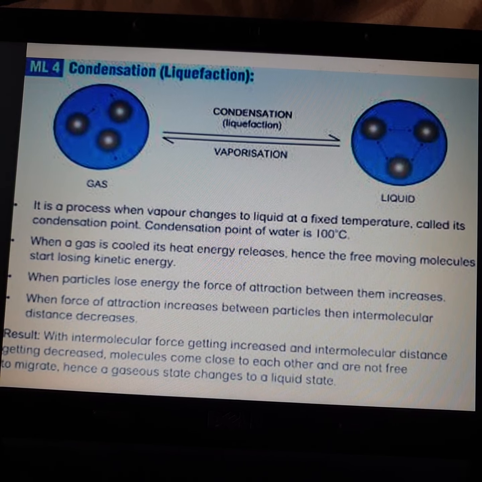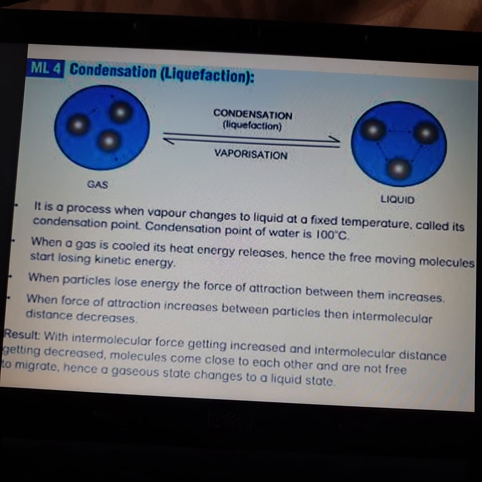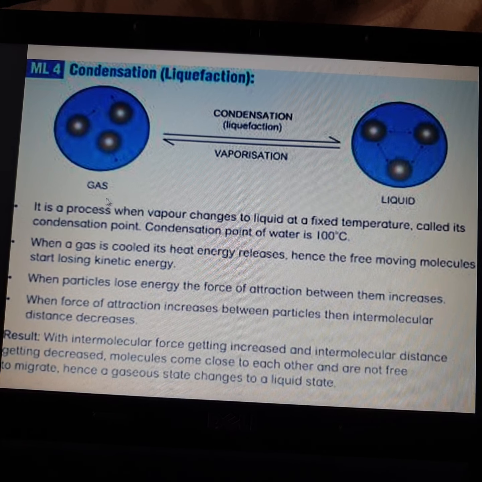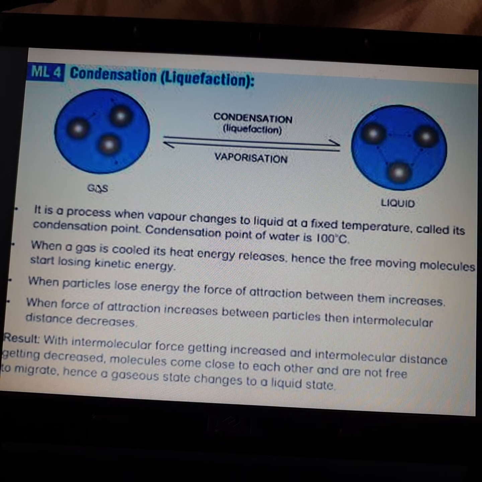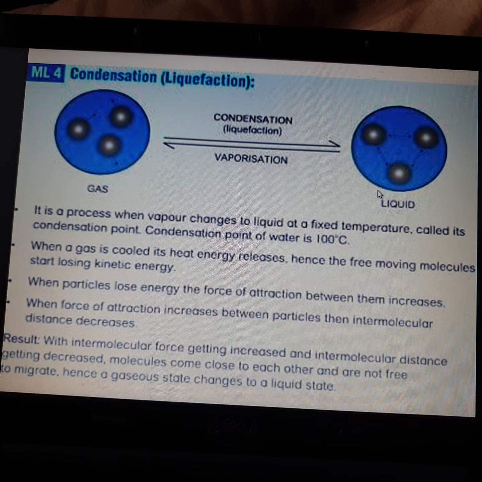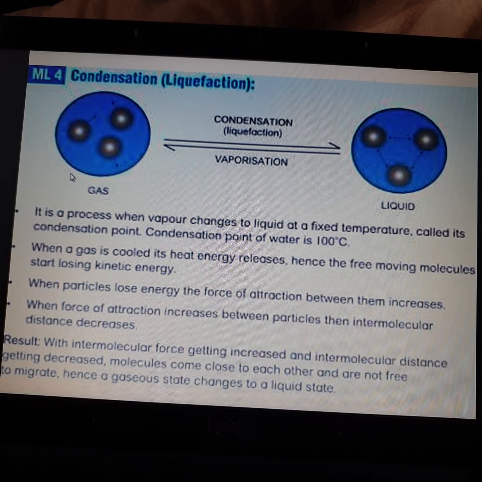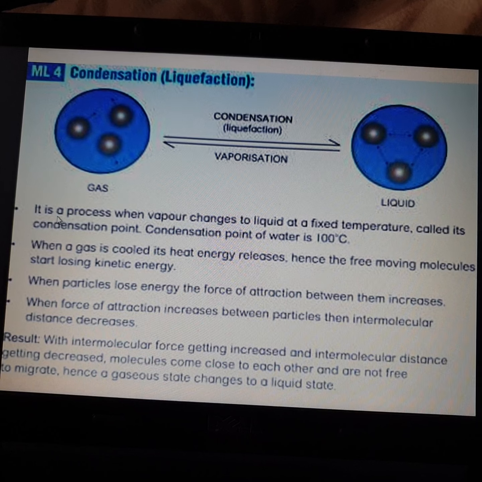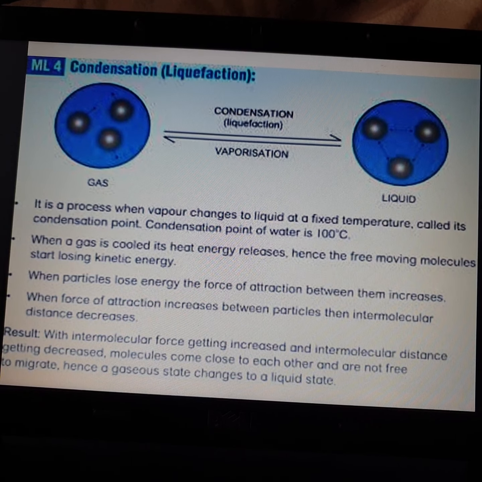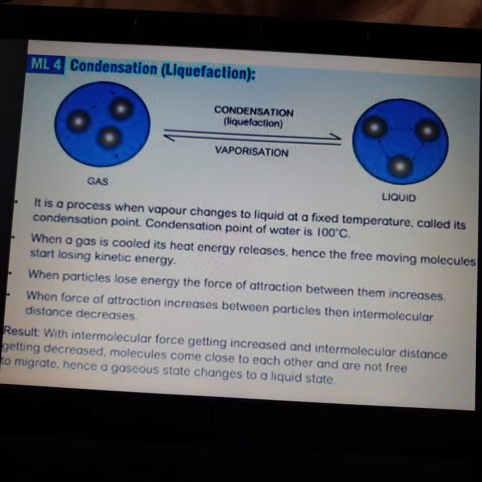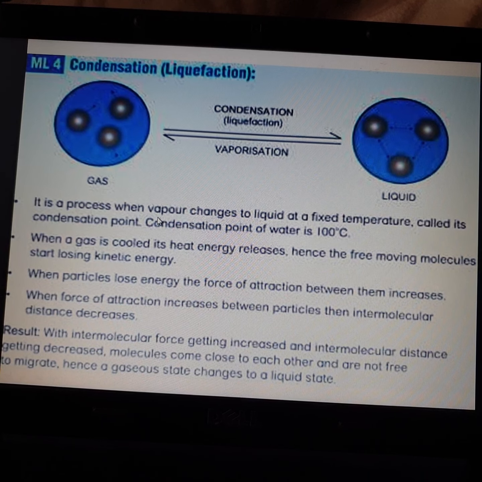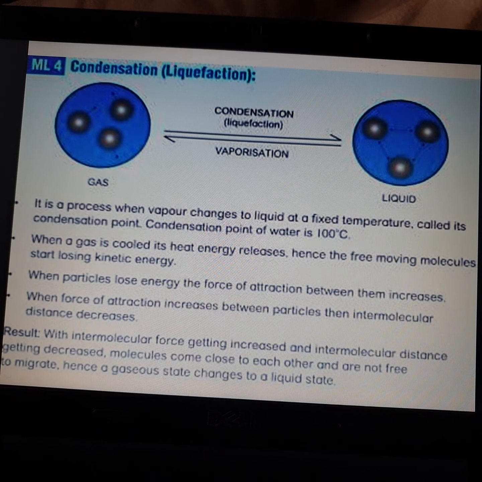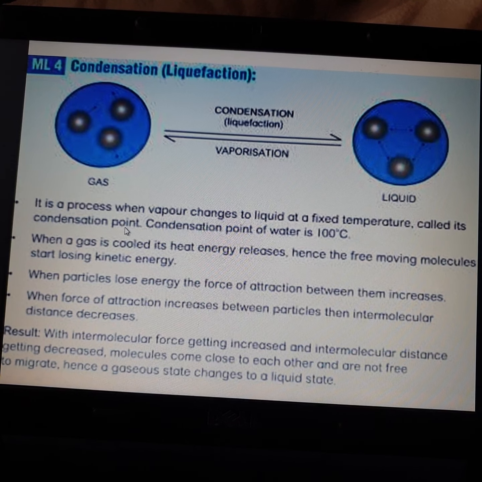Today we shall study condensation, or we can call it liquefaction. That is the interconversion of gas into liquid and liquid into gas. Okay. Now what is condensation or liquefaction? It is a process when vapor changes to liquid at a fixed temperature called its condensation point.